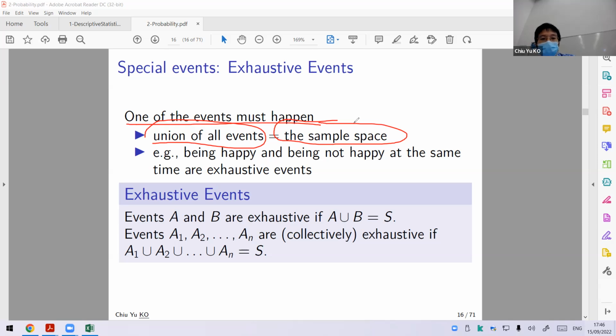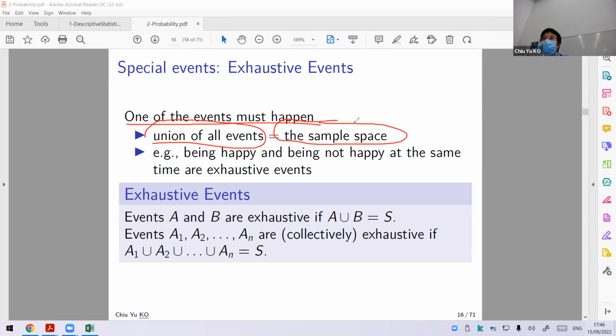And very often we see this on TV when watching sports. Very often in Hong Kong, the commentator will say, okay, now is the penalty kick, there are two outcomes, either you get in or you don't.